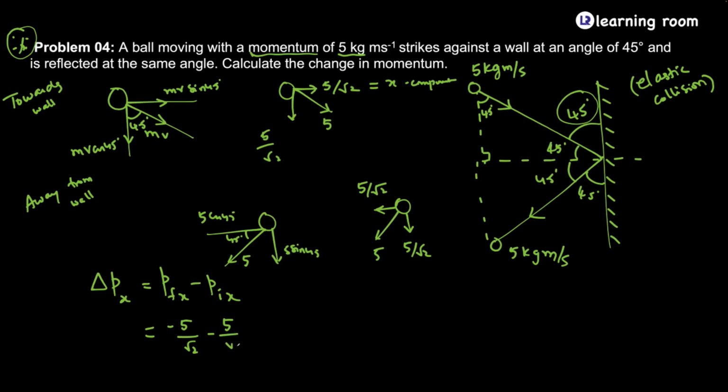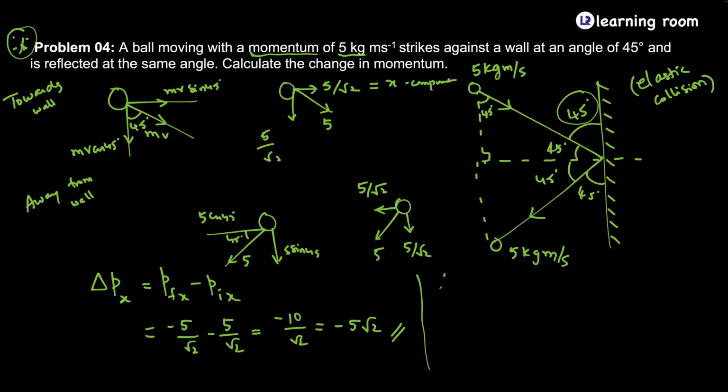Minus 5 by root 2. So it will be minus 10 by root 2, or minus 10 root 2 by 2, which is minus 5 root 2. So the change in momentum along x direction is going to be minus 5 root 2. The meaning of minus is it is taking place in this direction. Okay.